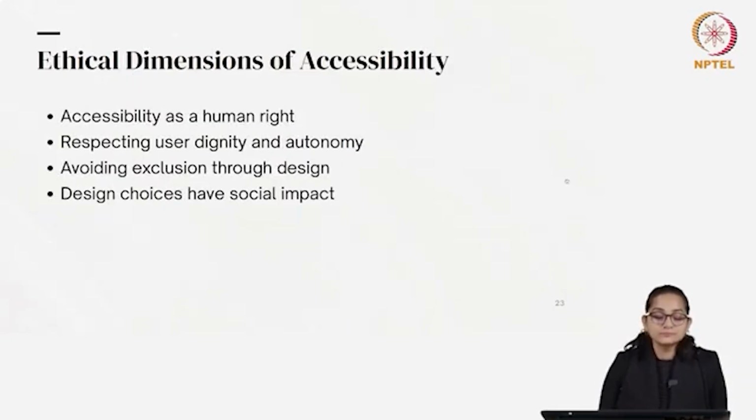Now beyond all of this, there are definitely ethical aspects related to mobile accessibility as well. One is, of course, your compliance related laws, and other than that, accessibility has now been identified by the government of India as a human right, and respecting user dignity and autonomy should be the primary goal of compliance.